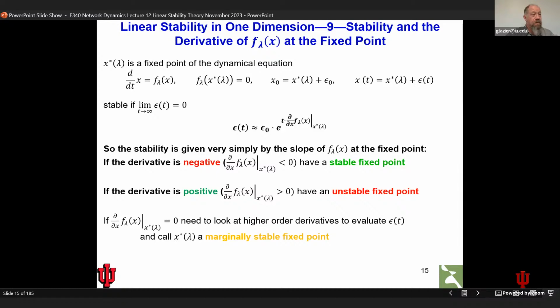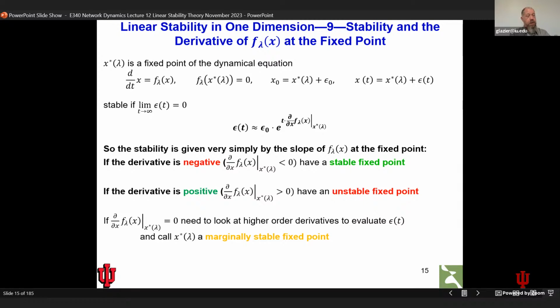So if the slope, d by dx of f of x, is positive, then e to the t times that is an increasing function, which means we're diverging. So the stability of the fixed point is given in a very simple way.